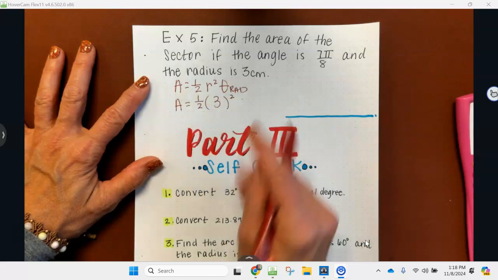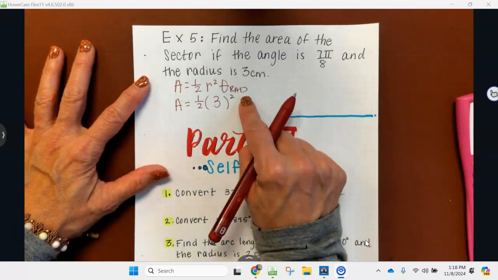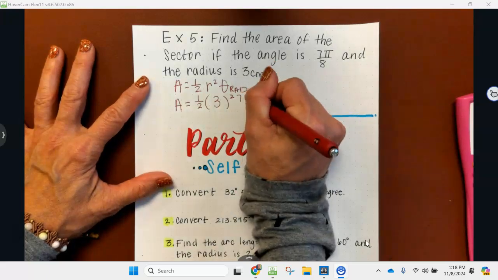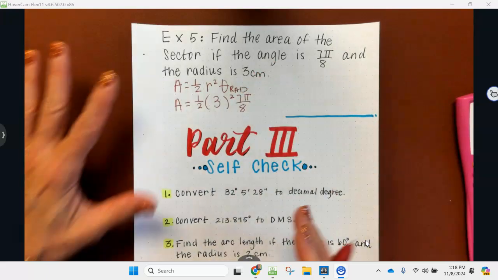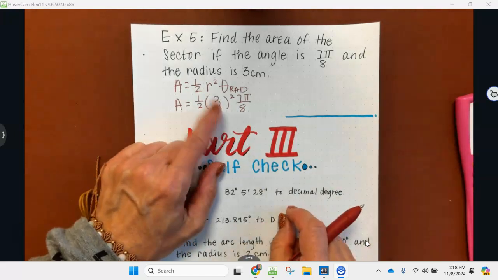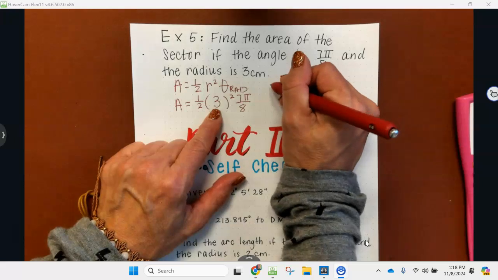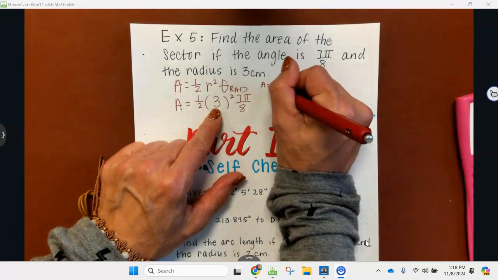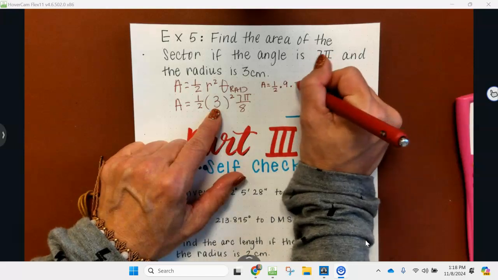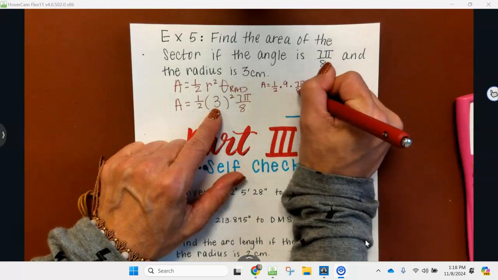We're going to have to square that. And we do have the angle measure at 7 pi over 8. We're just going to multiply everything straight across, but I'm going to square this 3 first. So this is going to be 1 over 2 times 9 times 7 pi over 8.